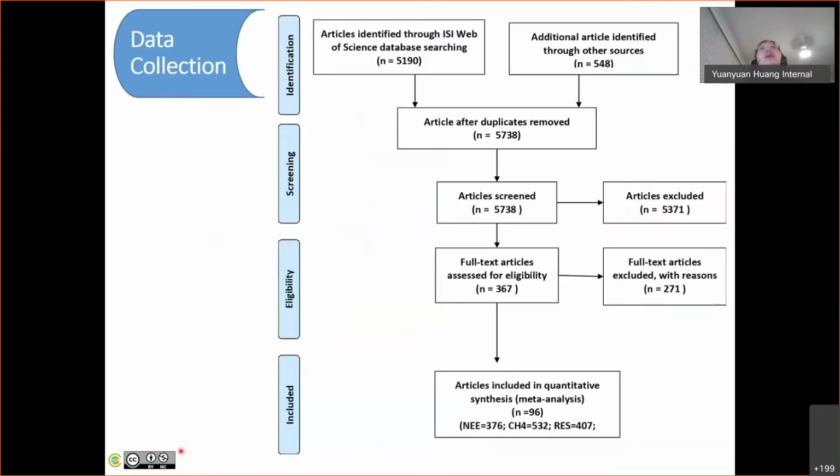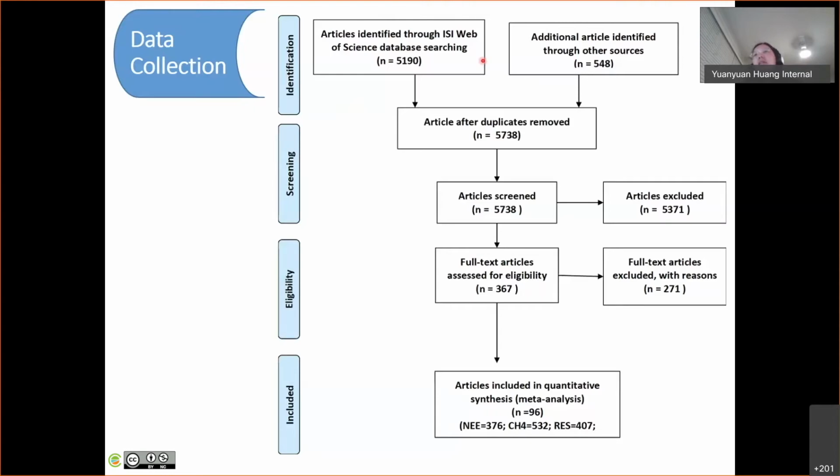So we collected data related to water table manipulation experiments. We tried our best to collect as many data points as possible. Basically, we identified our targets by searching keywords in very common global databases, like the ISI Web of Science database, and also other resources. We removed the duplicates of the studies and also removed some of the studies that didn't fall into our selection criteria.